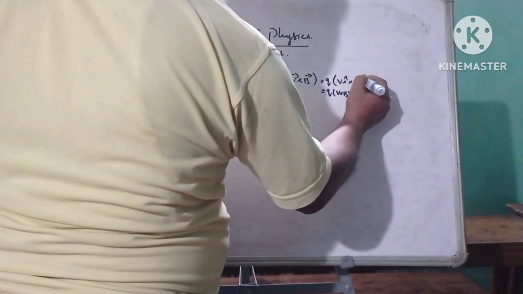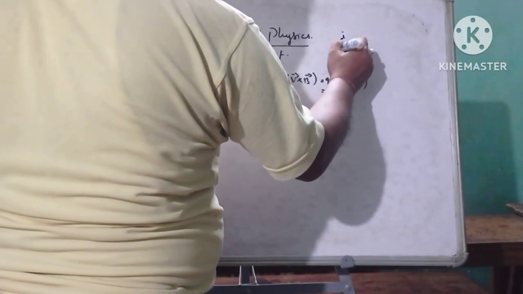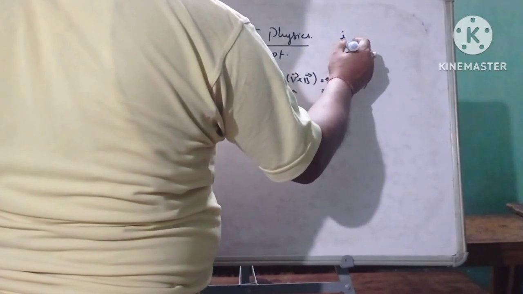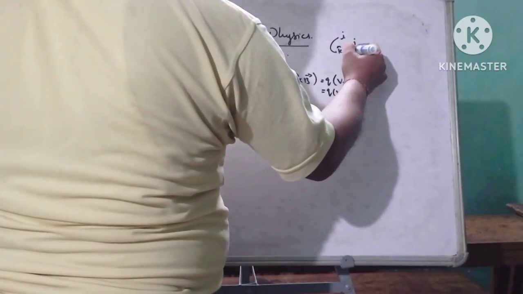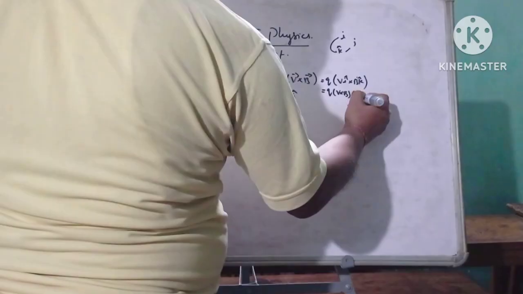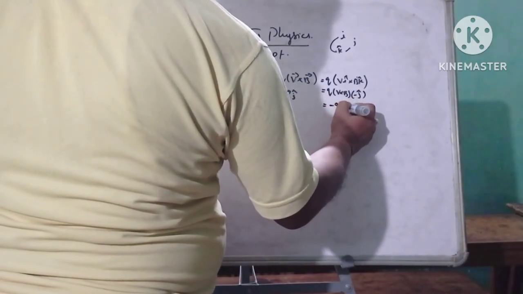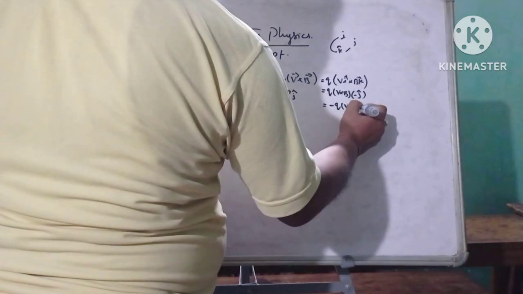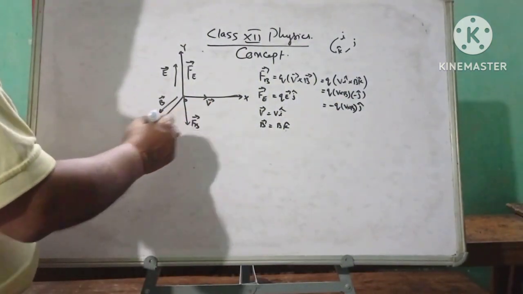I, J, K, so I cross K will be minus J cap. So this will be minus qVB J cap.